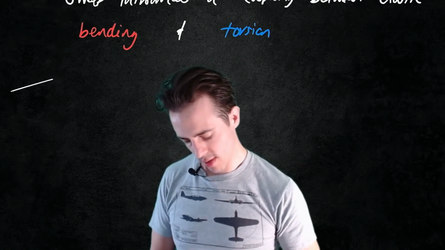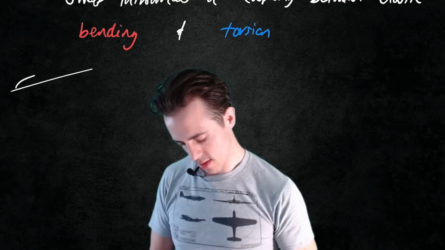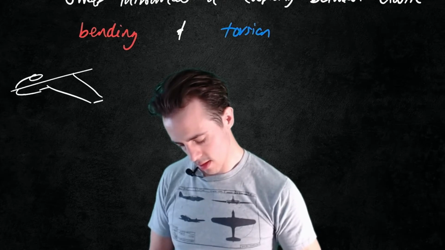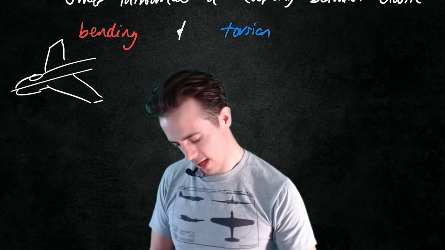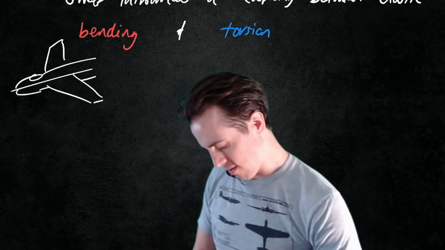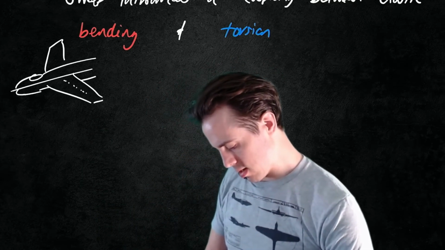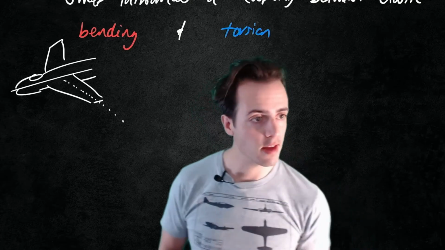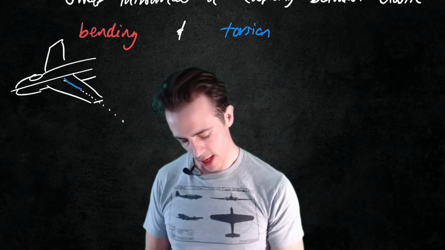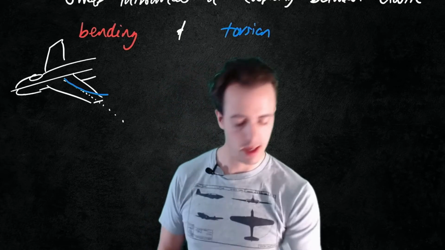So if I have my aircraft, drawn a terrible aircraft here, but let's say I've got an aircraft, I've just drawn the longitudinal axis. If I was to draw my undeflected wing here, then for bending, the aerodynamic load is going to have a tendency to cause the wing to bend upwards.